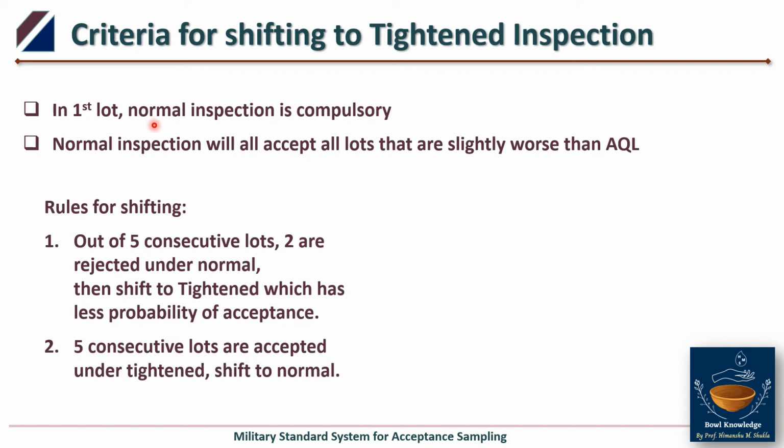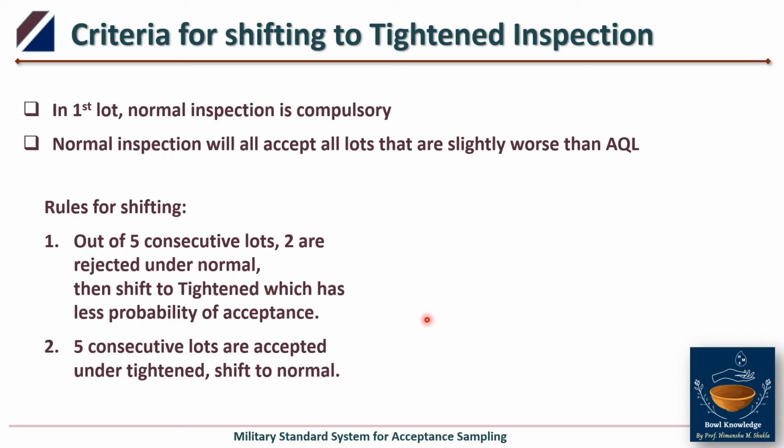In the first lot, normal inspection is compulsory. Normal inspection will accept all the lots that are slightly worse than AQL. So the rule for shifting to tightened is, if out of 5 consecutive lots 2 are rejected under normal, then you can shift to tightened, which has less probability of acceptance.